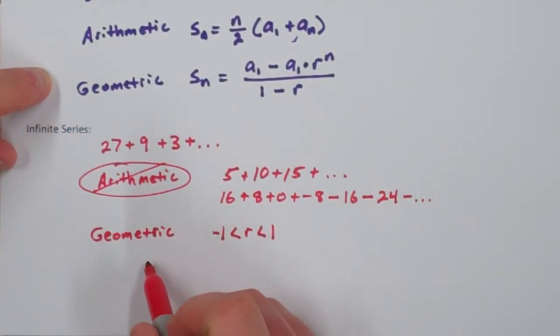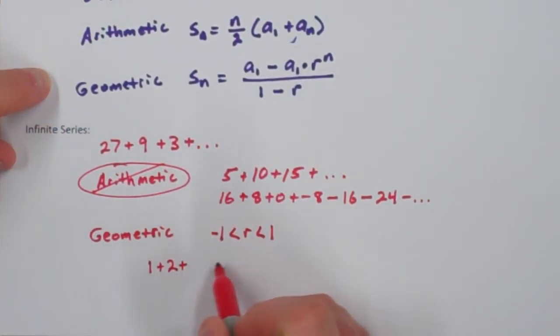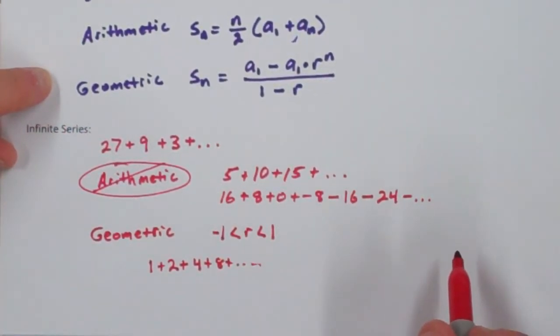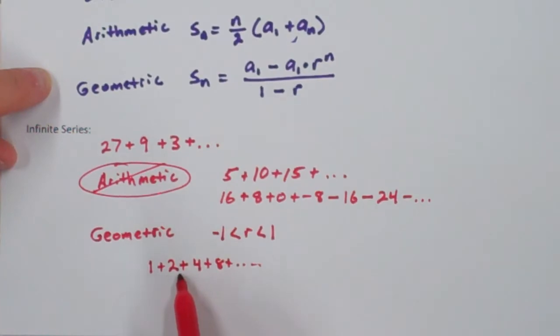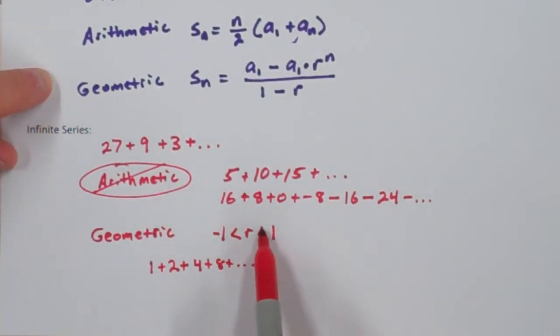A geometric that wouldn't work would maybe be like 1 plus 2 plus 4 plus 8, and so on and so forth. In this geometric sequence, we're just multiplying by 2 to get the next term, so r is 2. But you can see that each successive term is getting bigger and bigger and bigger. The reason why that's happening is that r is bigger than 1, so it doesn't fit this mold.